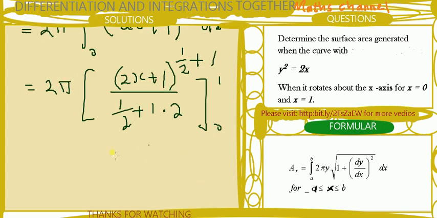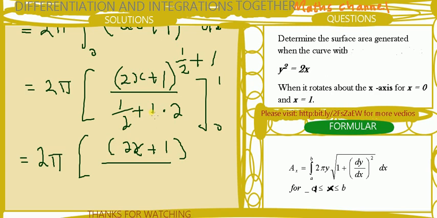So adding the inside part, we have 2x plus 1, all over 3 over 2. This means a multiplication; let me change it first because it doesn't make any sense as written.